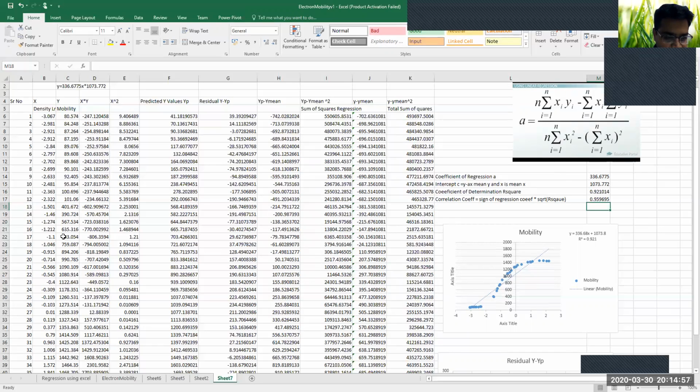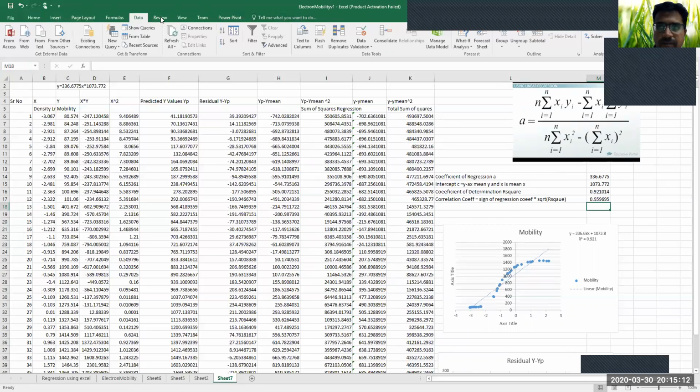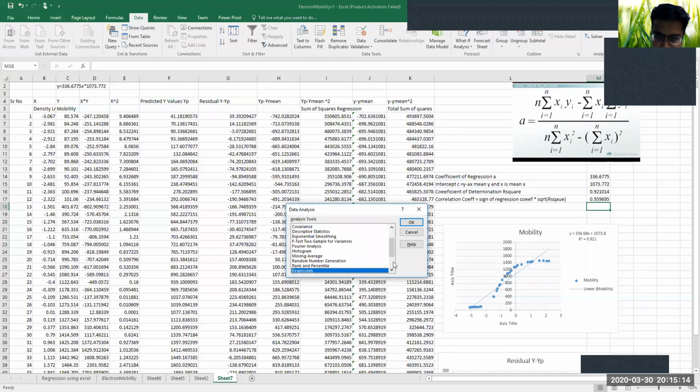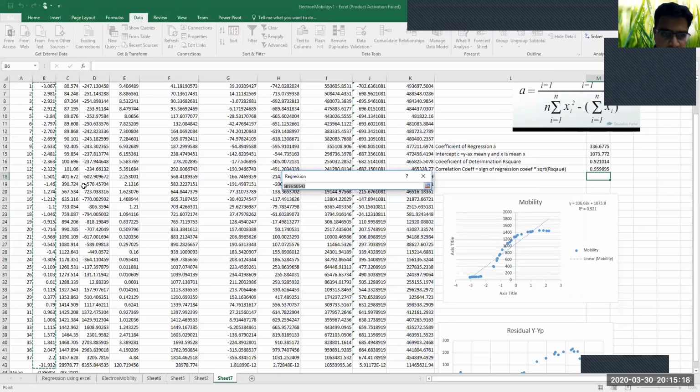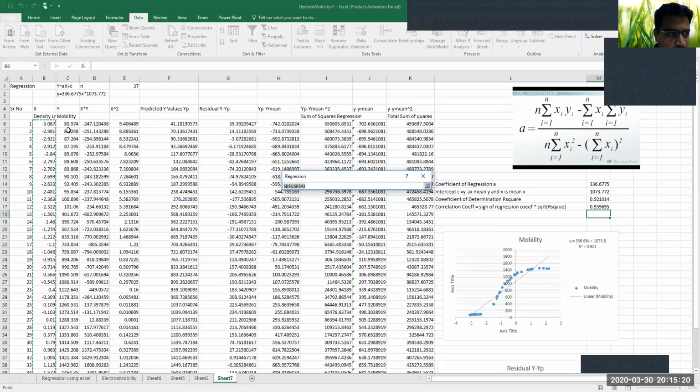We can do this regression very easily using the Excel tool, where we need to select only these two columns and we'll get the regression straight away. Data analysis, select regression, select y range. So y is mobility, so select it properly.